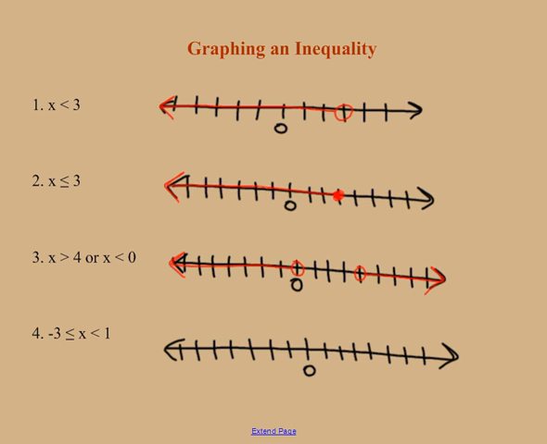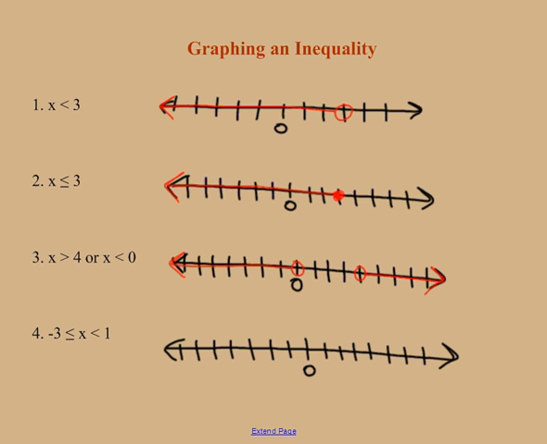So the first piece that I'm going to read is this piece, and we say x is greater than or equal to negative 3, and x is less than 1. So let me read that again. X is greater than or equal to negative 3 and less than 1.